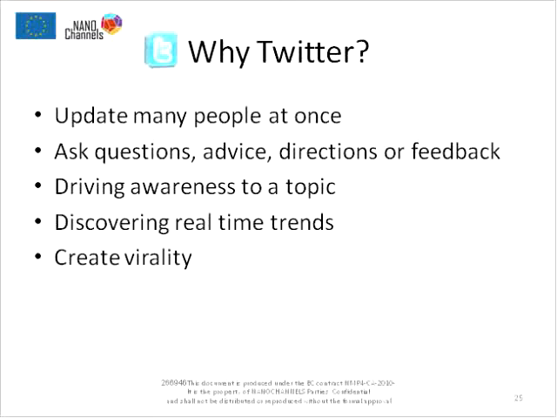Twitter can allow you to drive awareness to a topic. A good example is the Iran riots, which happened about a year or a year and a half ago. The Iranians used Twitter to organize a riot, and that helped raise the awareness to the Iran topic using Twitter. It can also allow you to discover real-time trends.